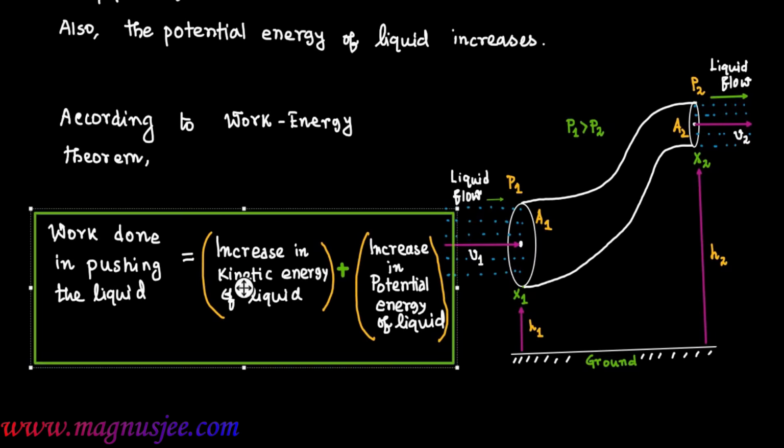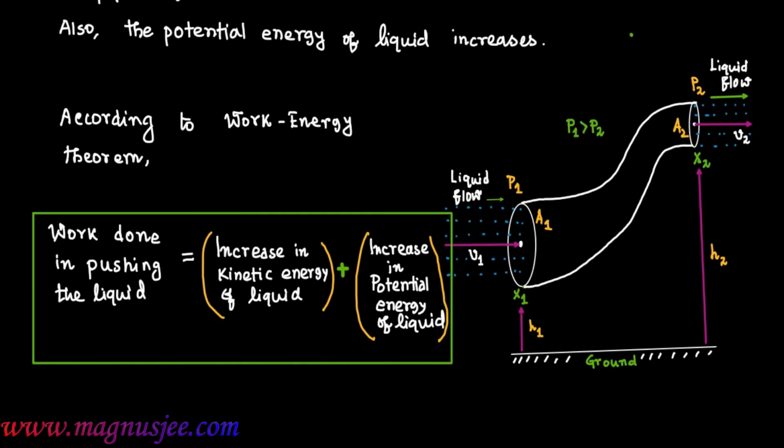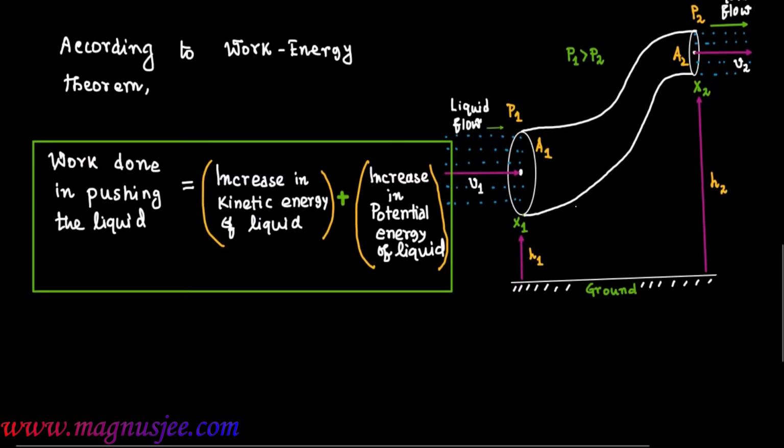Liquid flows from the end x1 to x2 and height of the pipe from the end x1 to x2 increases. That's why potential energy increases.